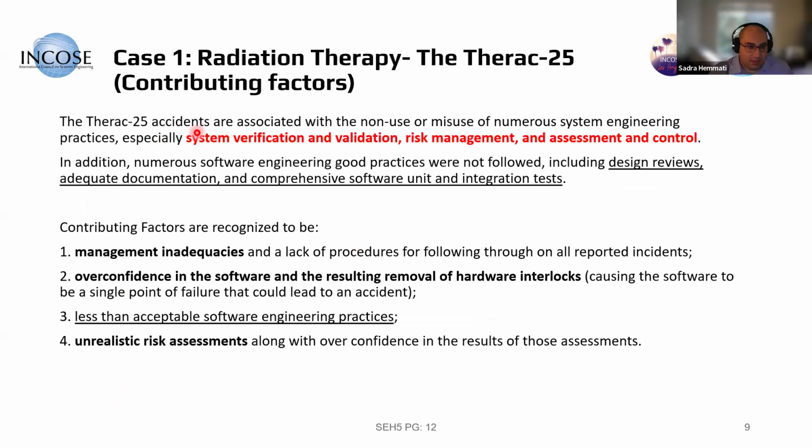The handbook says these accidents are associated with the non-use or misuse of numerous SE practices, especially system verification and validation, risk management, and assessment and control. And I really think you all can see why. Lots of software engineering good practices were not followed.